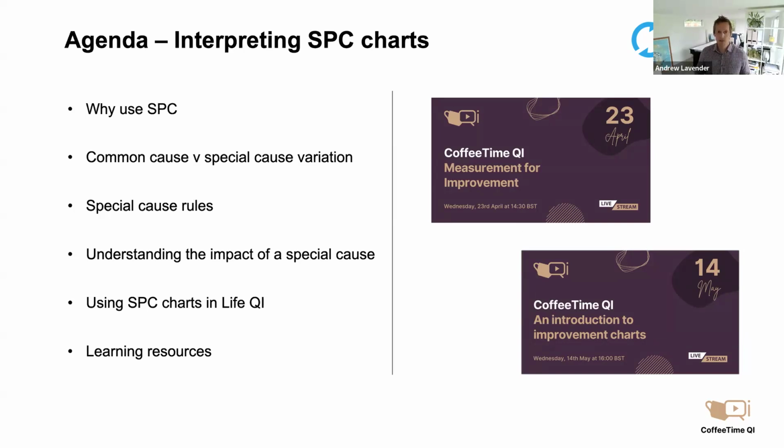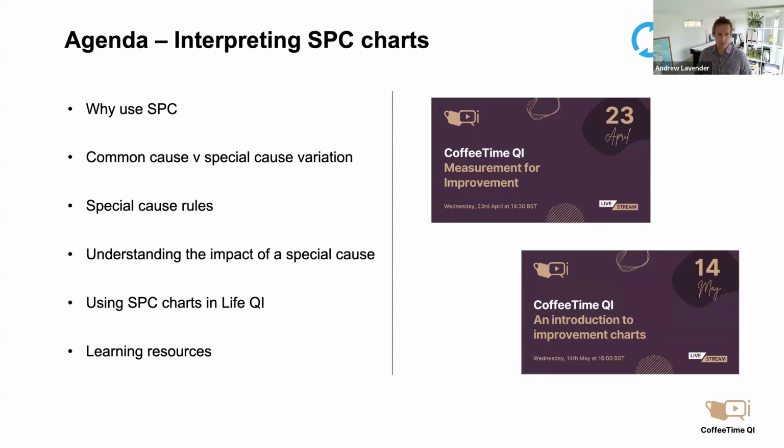This one builds on them. We're not going to refer back to them too much, and this will be useful independently as well. In the session today, we're going to briefly look at why we use SPC in the first place, and run through that quickly so that we're all clear on it. Then we're going to go into more detail on the types of variation you might see on your charts.